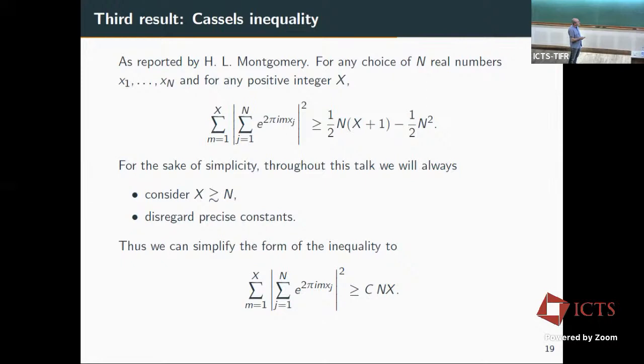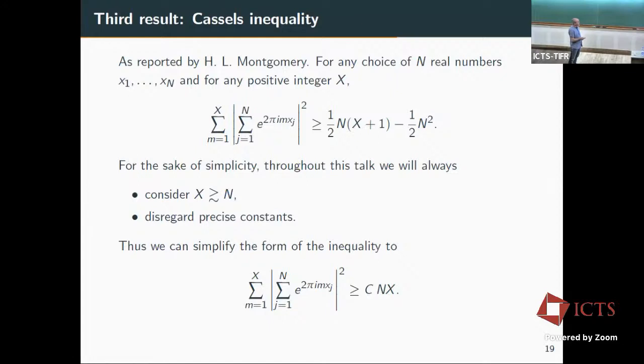For any choice of n real numbers x1, ..., xn, and for any positive integer capital X, you take the exponentials and you evaluate, so fix an m between 1 and X, and then you take these exponential sums, j goes from 1 to n, sum of e to the 2 pi i m xj, and you square it and you add up. So this is controlled from below by essentially n times X minus 1/2 n squared.